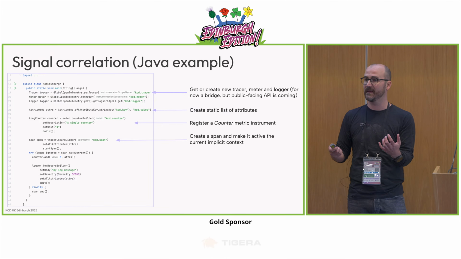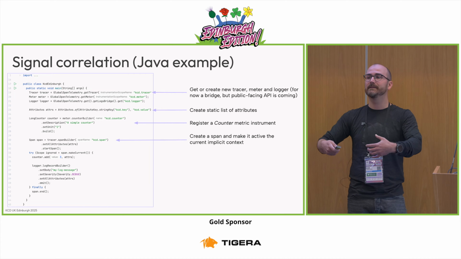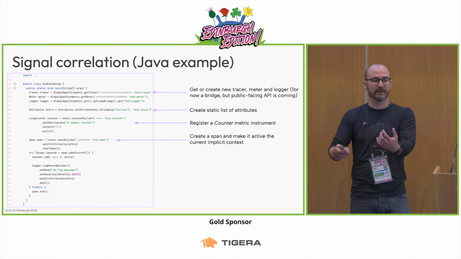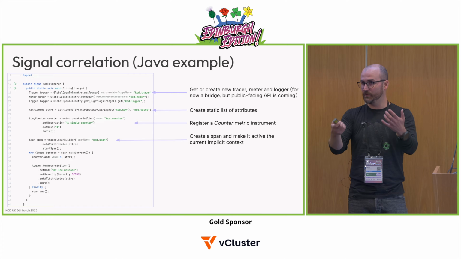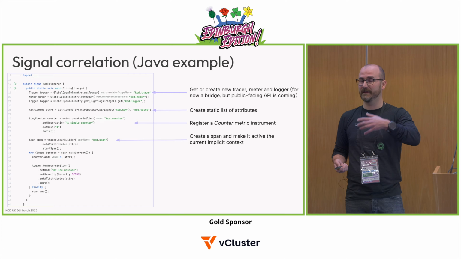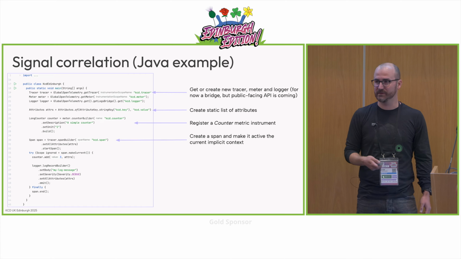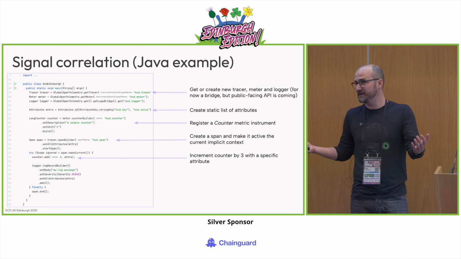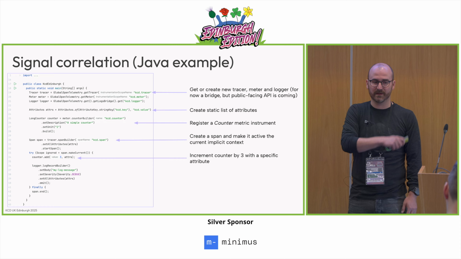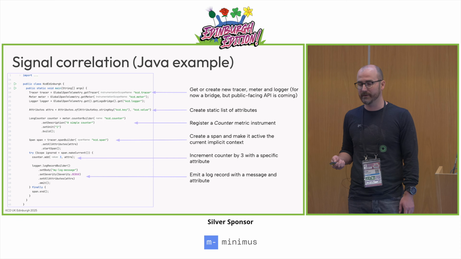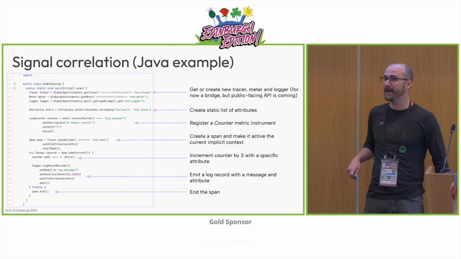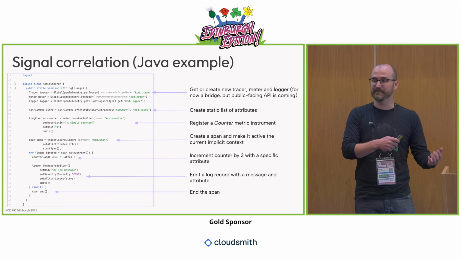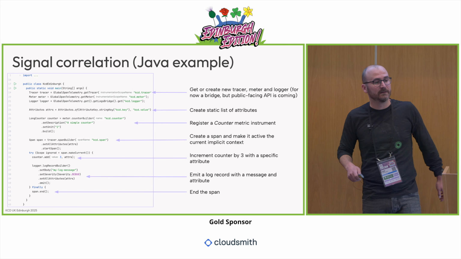So basically what that means is that context will be implicitly propagated to the other signals, and as well, if you had an HTTP client, to your upstream. So we increment that counter by 3, just a simple instruction, with the same attribute, and we emit a log record. And then we end the span. We always need to remember to end the span, to stop counting, basically.